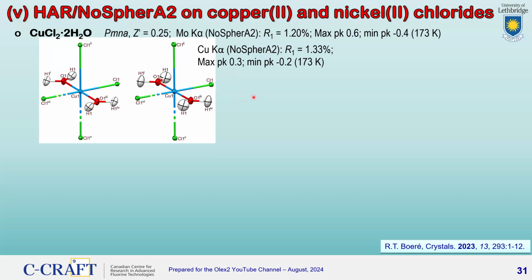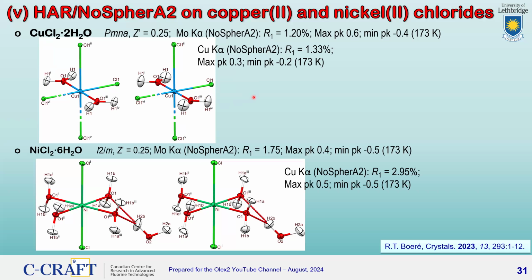And again, we had neutron data that we could compare this to, and we got a very good result. For the nickel chloride, we again compared molybdenum and copper data sets, and even though the molybdenum definitely gets a lower R value, the actual placement of the hydrogens and the accuracy of the hydrogen bonding was pretty comparable for both of them, as it turned out.